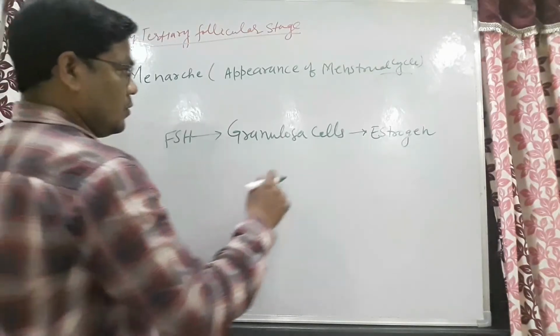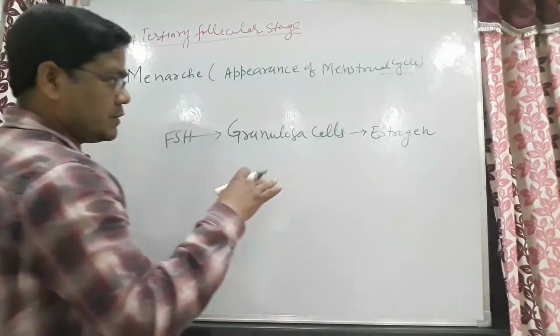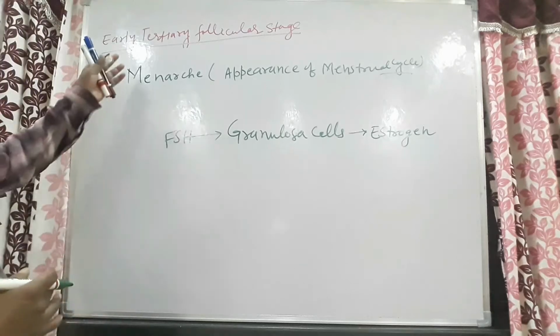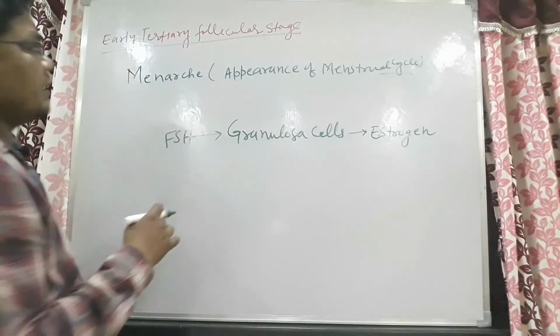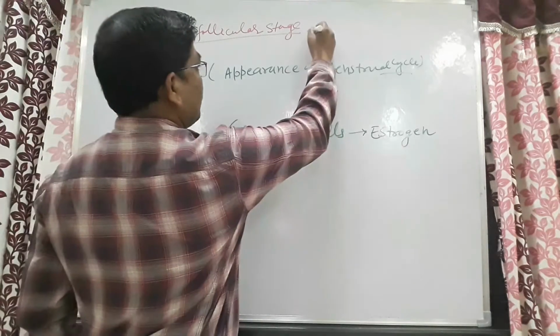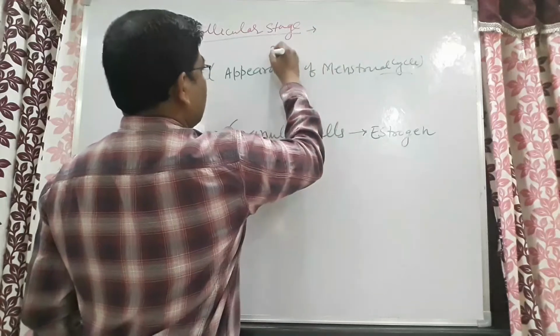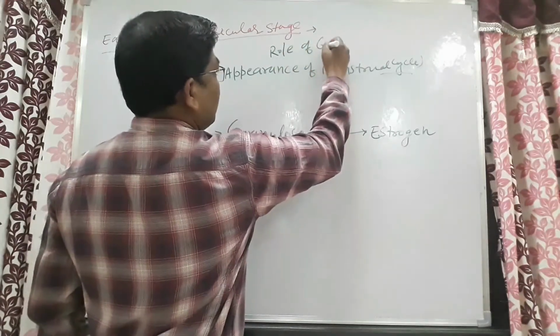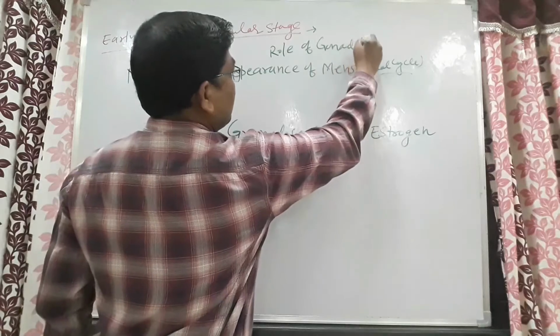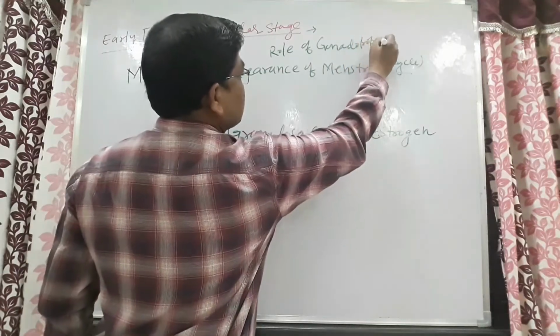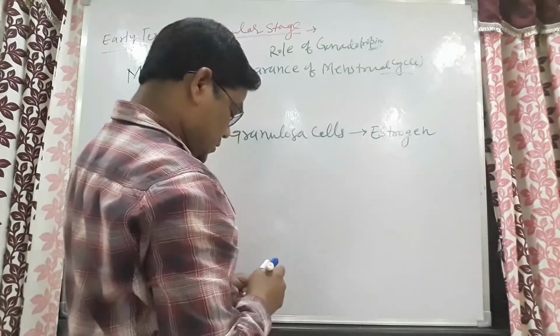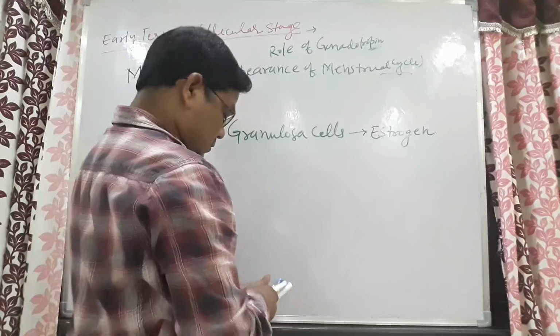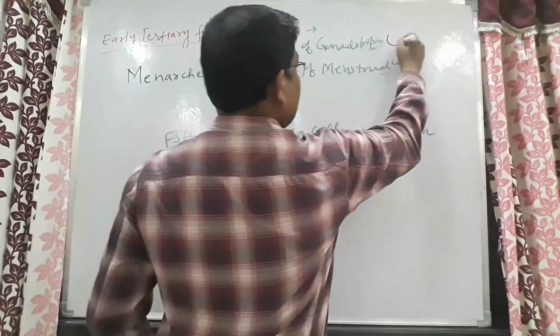Now here, in the early tertiary follicular stage, there is the main role of gonadotropins. That means here LH and FSH have the main role.